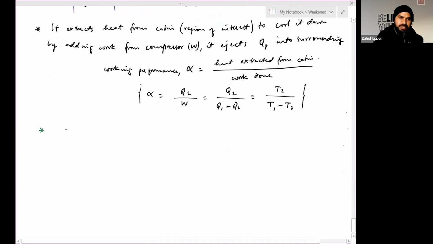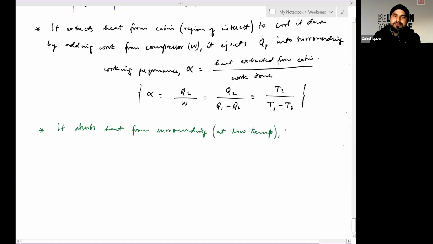For heat pump, we can say it absorbs heat from surrounding at low temperature by adding work from compressor.